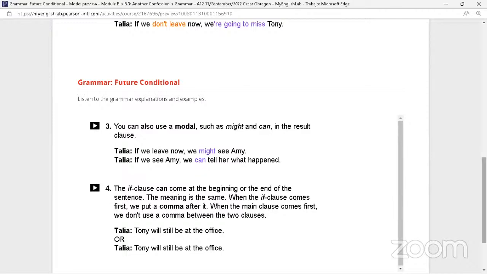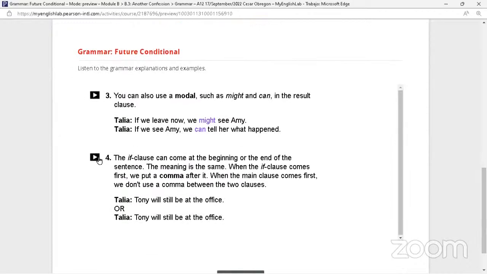Perfect. Number 4. The if clause can come at the beginning or the end of the sentence. The meaning is the same. When the if clause comes first, we put a comma after it. When the main clause comes first, we don't use a comma between the two clauses. If we go now, Tony will still be at the office.